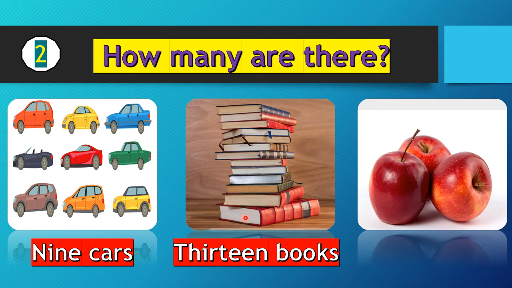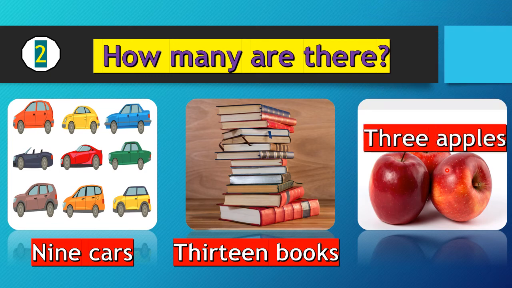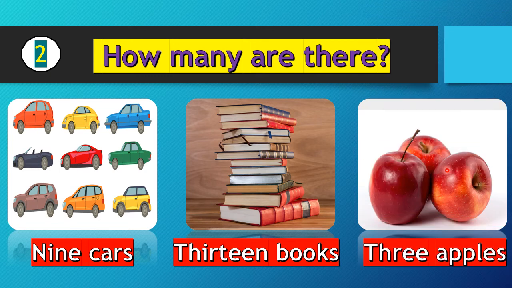Let's count. 1, 2, 3, 4, 5, 6, 7, 8, 9, 10, 11, 12, 13. Now let's move to the third picture. So what is the answer? 3 apples. Excellent. Let's count. 1, 2, 3. Good job.